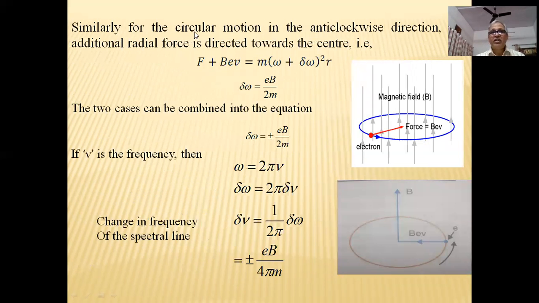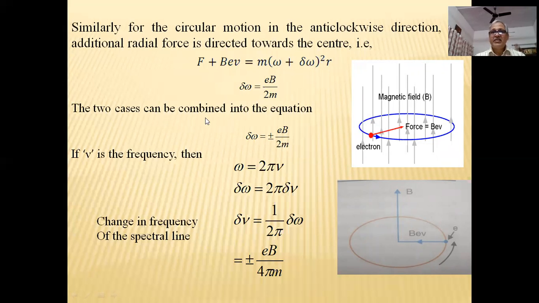Similarly, for the circular motion in the anti-clockwise direction, the additional radial force is directed towards the center, that is F plus Bev equal to m omega plus delta omega whole square r. Now we simplify this, we get delta omega equal to eB upon 2m.